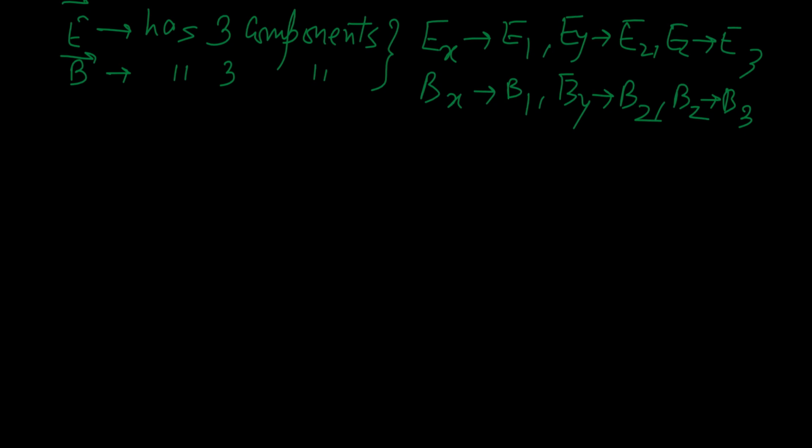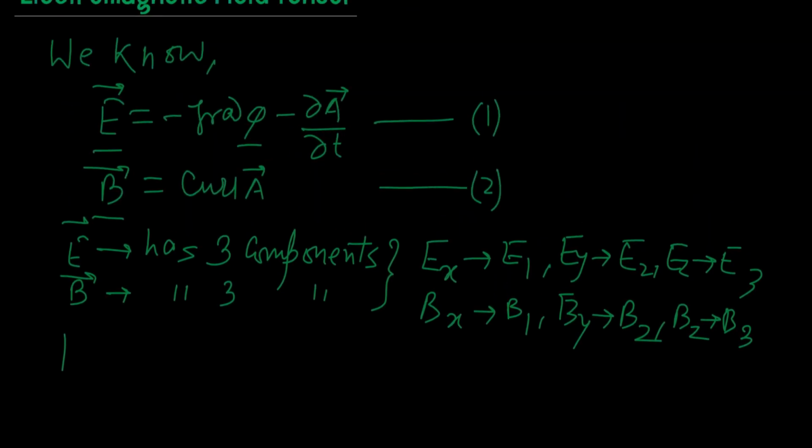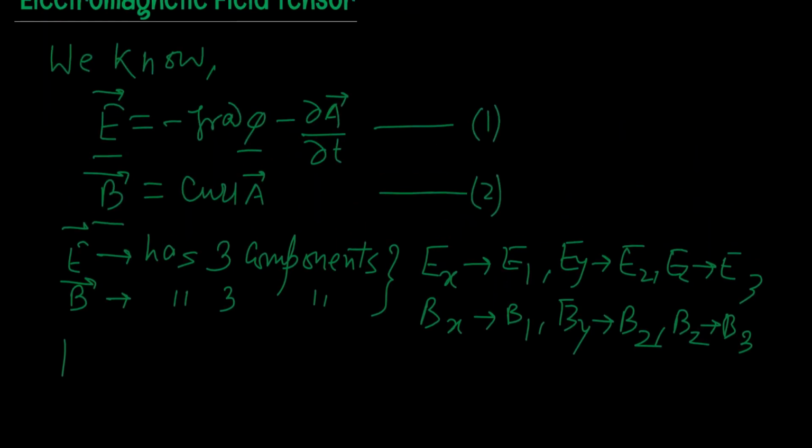So, as our purpose is to find the components of the electric and magnetic field vectors, we will write the above 2 equations, that is equation 1 and equation 2. Let us say for convenience that this is equation 1A and this is 1B.